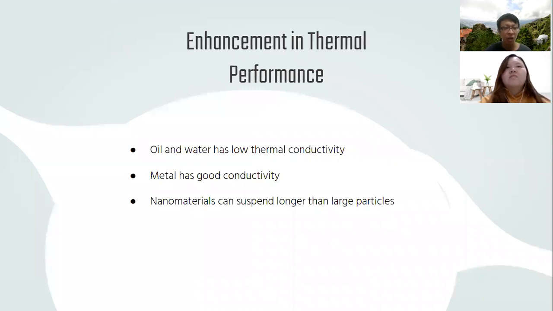Next, nanomaterials are used in the enhancement of thermal performance. Since we know that heat exchangers are very important in industrial processes, as heat is related to cost. Normally in heat exchangers, we use oil and water, but oil and water have very low thermal conductivity. So now we have to put in some metals, and nanomaterials are much more suitable than normal metals, as they can stay suspended longer than large particles in the fluid.